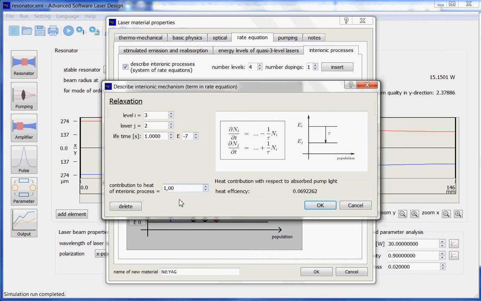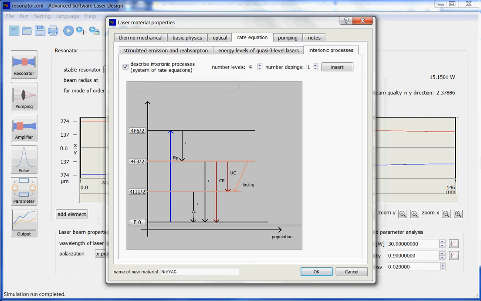For example, for this transition, 100% of the energy is going to heat. Here you see the related heat efficiency for this transition with respect to the total heat generation.